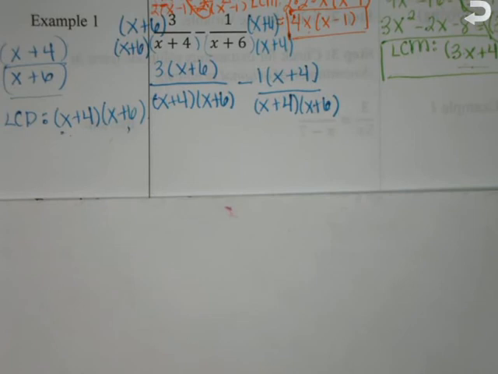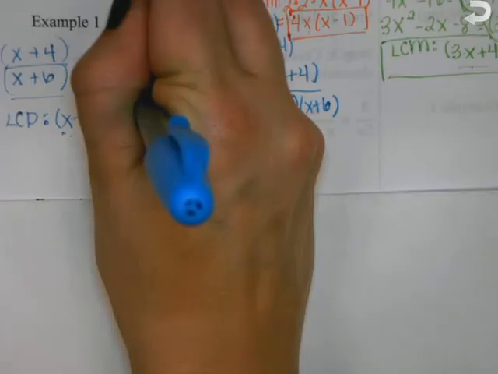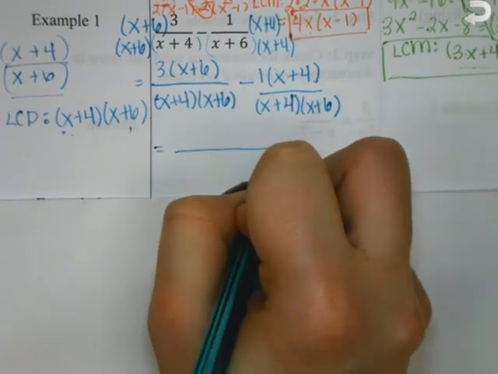Now I have common denominators, so I can put the whole thing over the common denominator, x plus 4 times x plus 6.